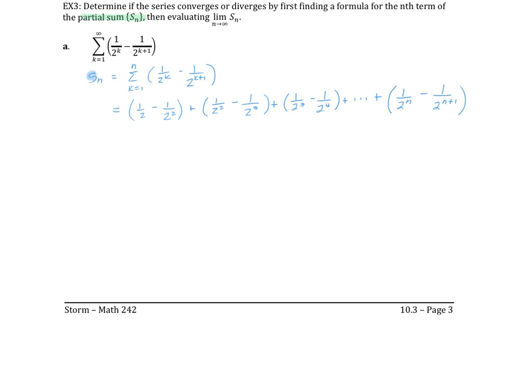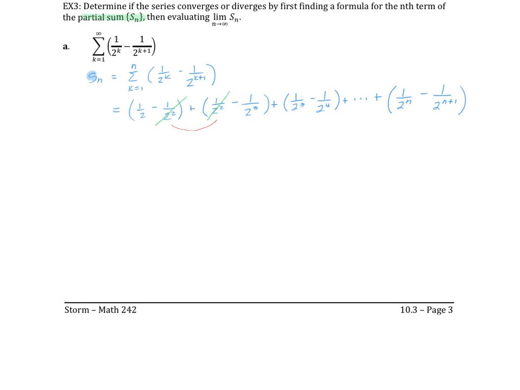So if you notice here, I have a minus 1 over 2 squared, but then I have a plus 1 over 2 squared. So if I were to get rid of these parentheses, the minus 1/4 and the plus 1/4 will cancel.